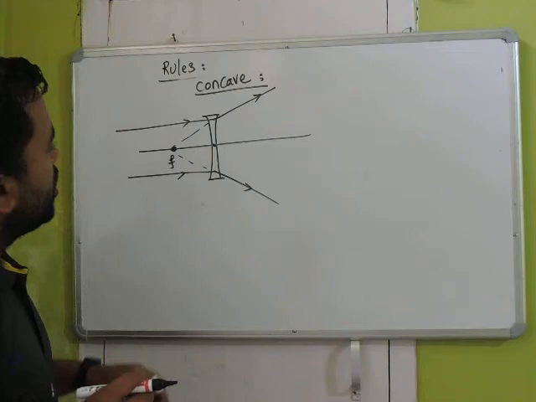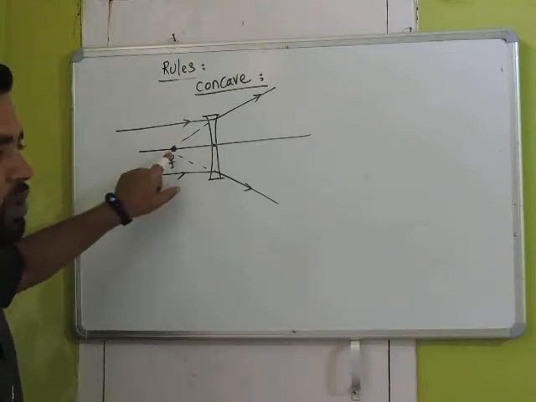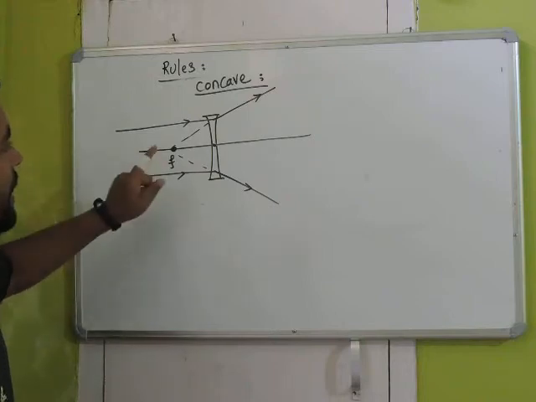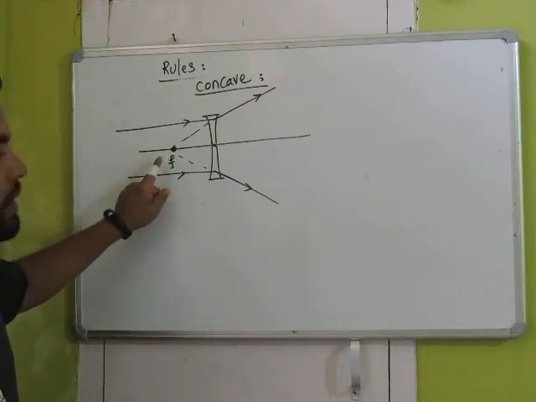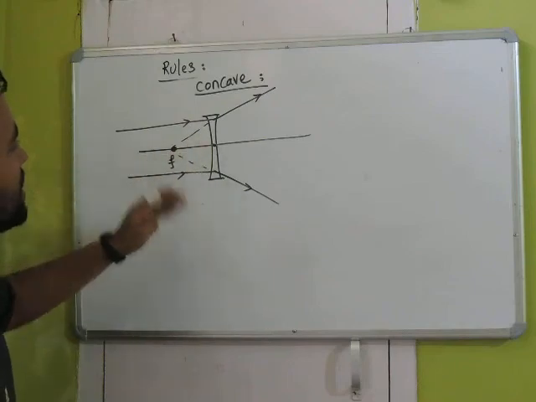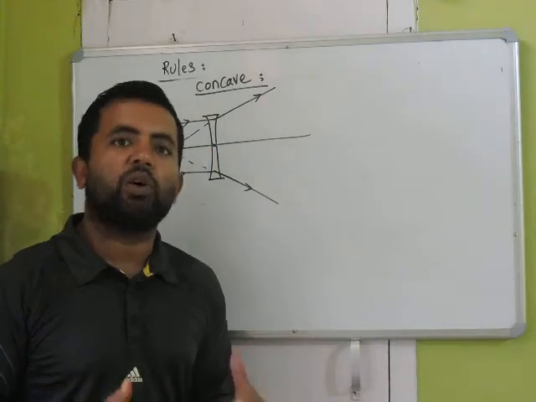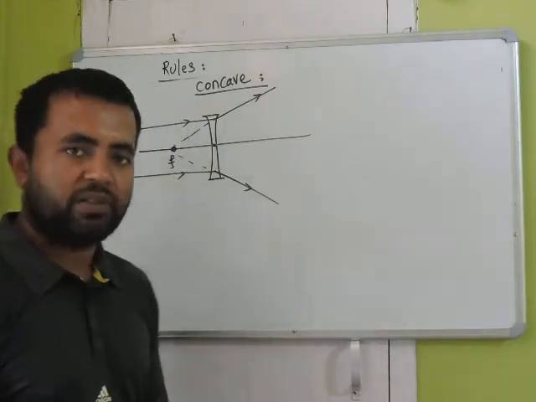So the image is formed here. It will be virtual because it's on this side, and it is highly diminished, and all the images on this side will be erect. If I say it's virtual image, it also means that it's an erect image, right?